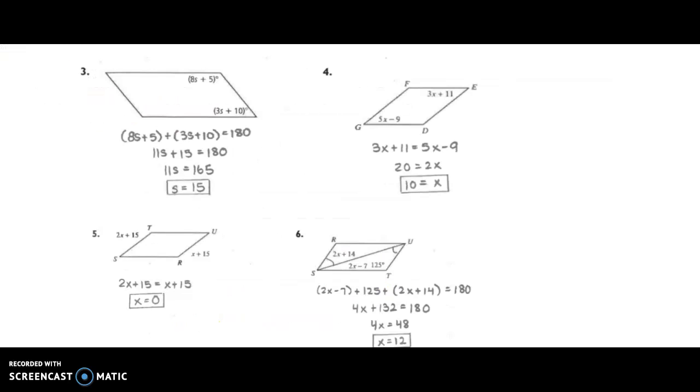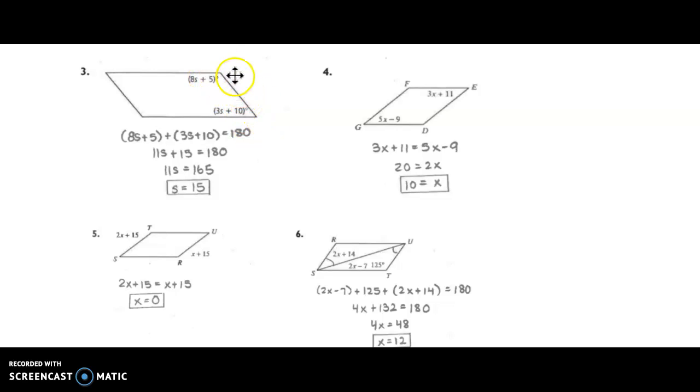Okay. So these are some examples. I skipped numbers 1 and 2 because I think they were a little bit easier. But here, number 3, these are consecutive angles, right? Because if you were to expand and extend these line segments, then these are parallel lines, and this is a transversal.